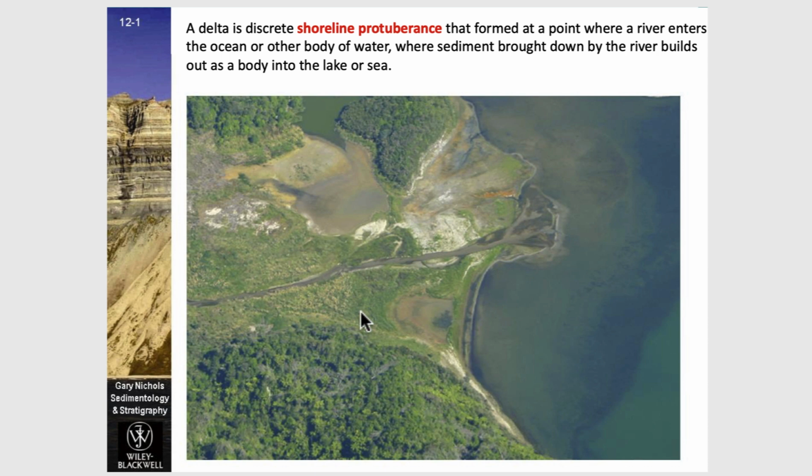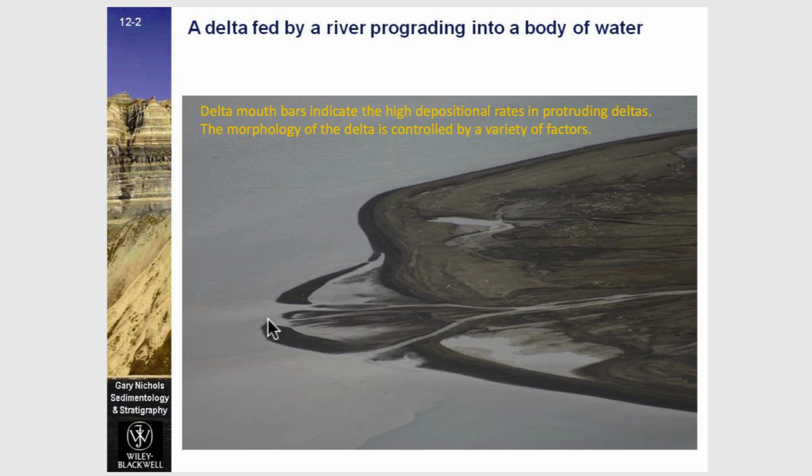Okay, so remember the delta is really critical, and we have different types of processes. So I mentioned different river systems, and you can also get the action of the waves, which many times remodel a delta. So in this case you have an example that more resembles the delta here with a major deposition.